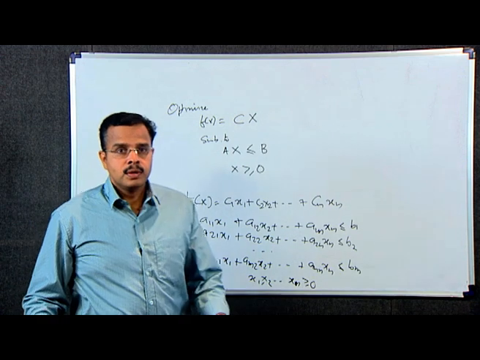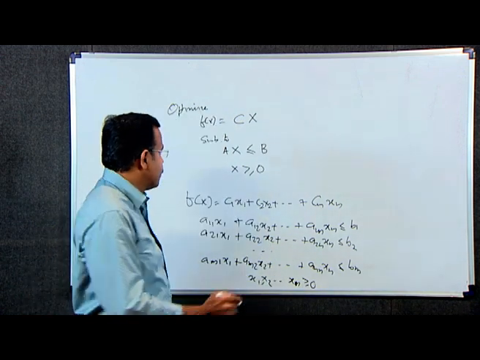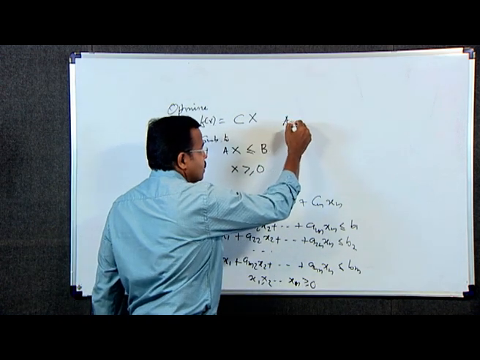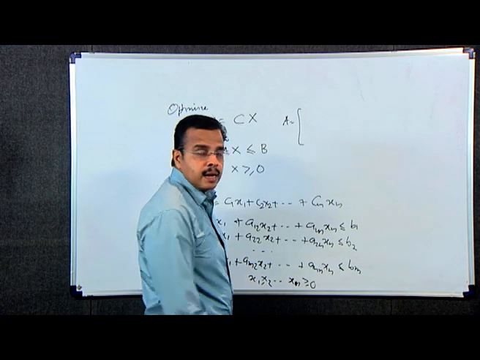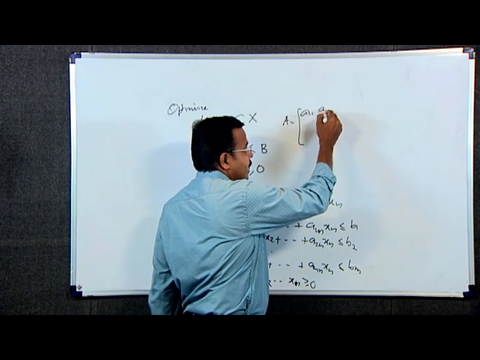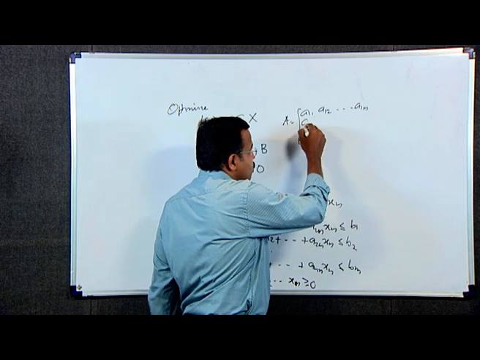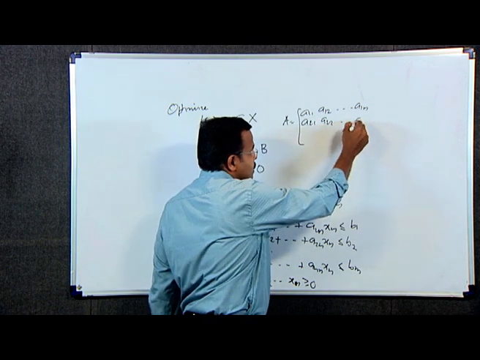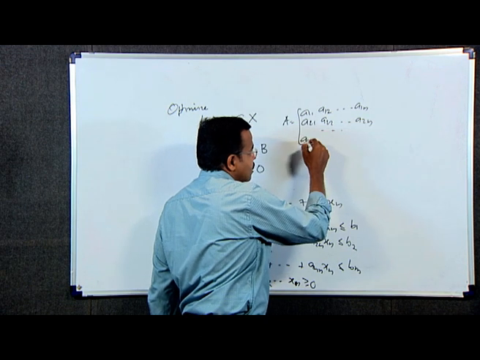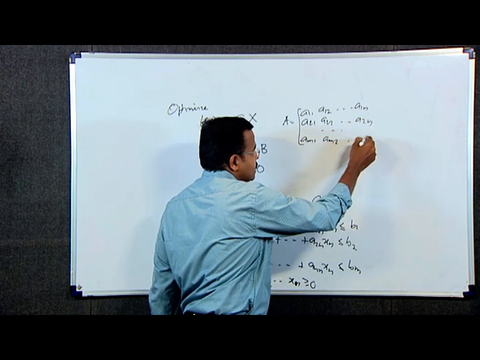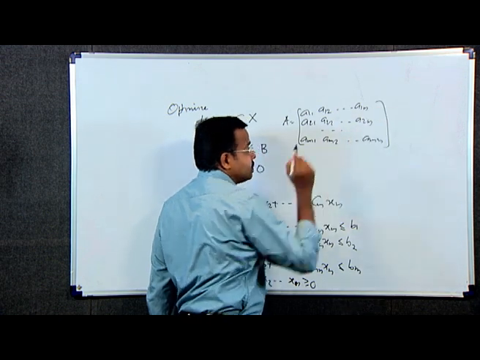or equal to 0. Here a equal to the matrix containing elements a11, a12 etc. a1n, a21, a22 etc. a2n etc. am1, am2 etc. amn.